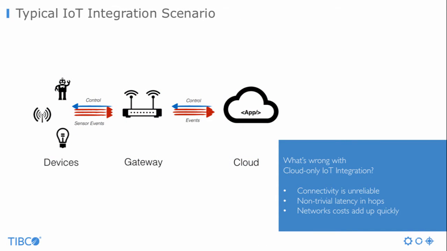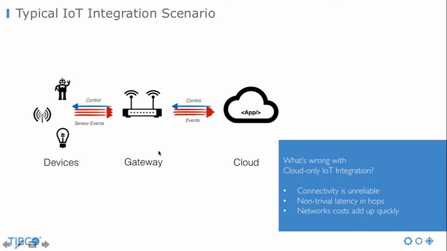Here, one more example why Flogo makes more sense. So the typical IoT integration scenario. Here we see on the left side we have the devices and some kind of device gateway and the application in the cloud or on-premise which communicates and controls the edge devices.